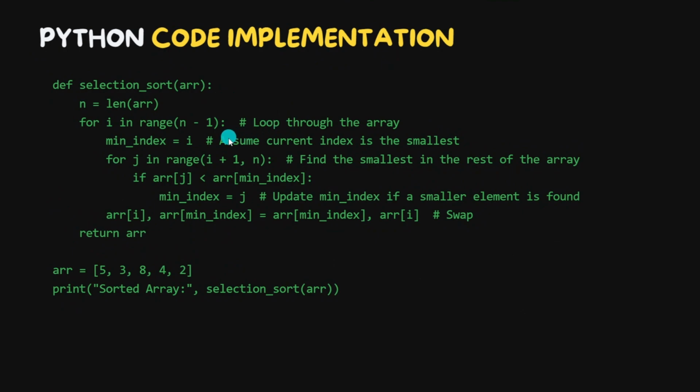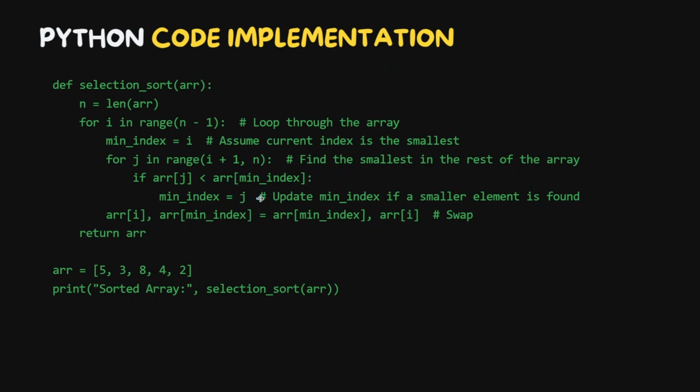In step 3, min_index = i. We assume the first unsorted element is the smallest. In step 4, for j in range(i+1, n), we iterate through the rest of the array to find the smallest element. In step 5, if array[j] < array[min_index], then min_index = j.